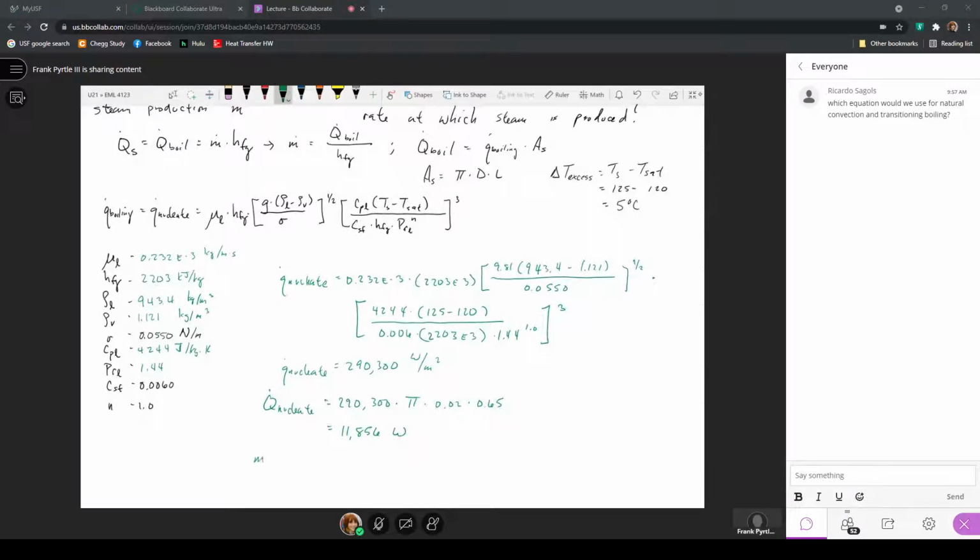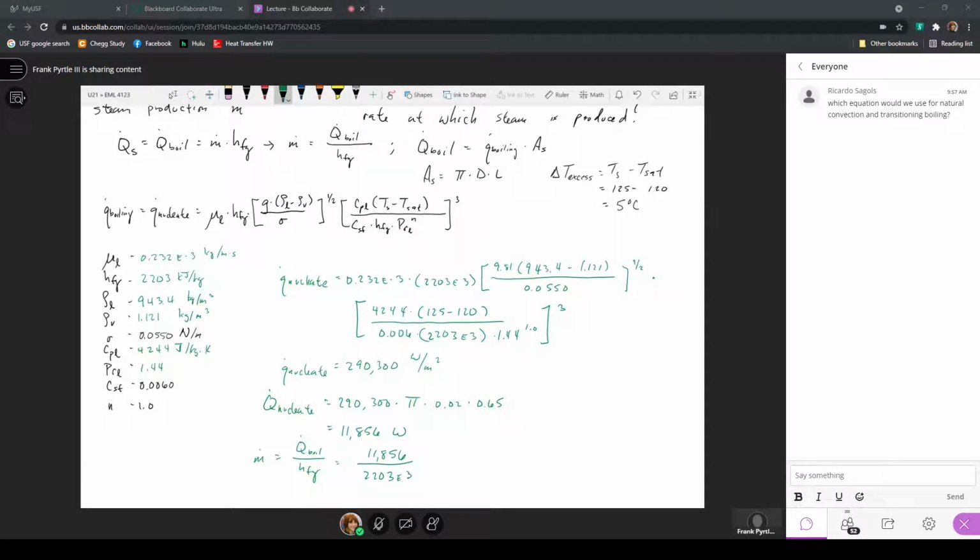So here, this mass flow rate, or this rate at which vapor is being produced, again, is just the heat transfer rate by boiling divided by the latent heat. So here this would be 11,856 watts divided by the latent heat of vaporization, which is 2,203.